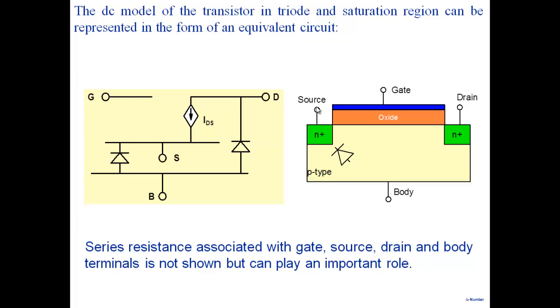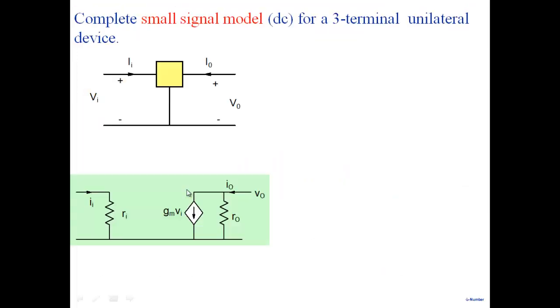So from the source terminal, as you go towards the channel, there is a little bit of resistance there. So if I want things to be more accurate, if I call this the terminal, then between the terminal and the channel here, I will put a resistance at the source end. Some small resistance at the source, resistance at the drain. And similarly, body doesn't matter that much because there's not much current flowing through the body. Okay, so one may want to put that.